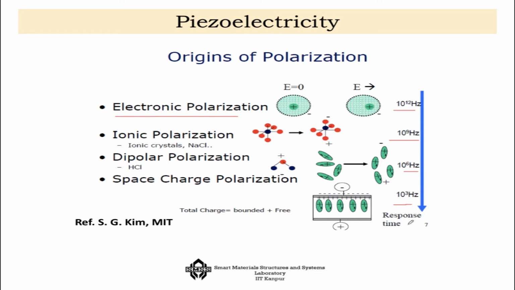So accordingly the response time is going to vary. The response time will be more here, and the response time will be very, very less here. Now depending on what type of polarization is happening in the lipid layer, we will be able to say what type of polarization is happening in the lipid layer.